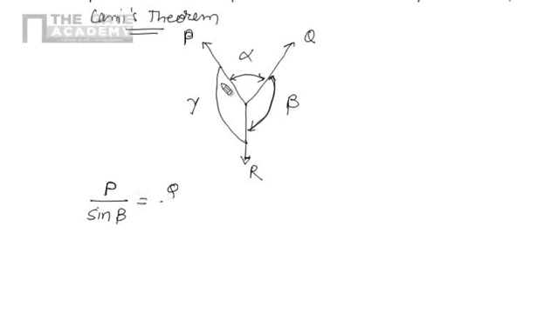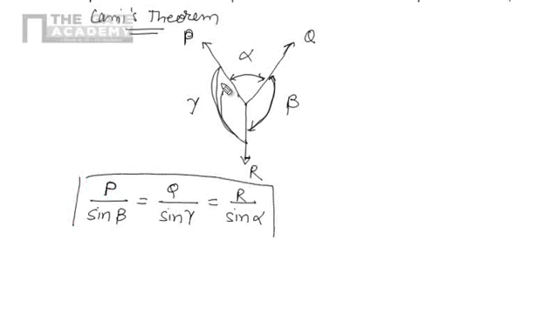Similarly, the magnitude of Q will be directly proportional to sine of the angle between the other two forces, and similarly for R. By this way, we can identify the unknown by applying Lami's theorem in a minimum interval of time.